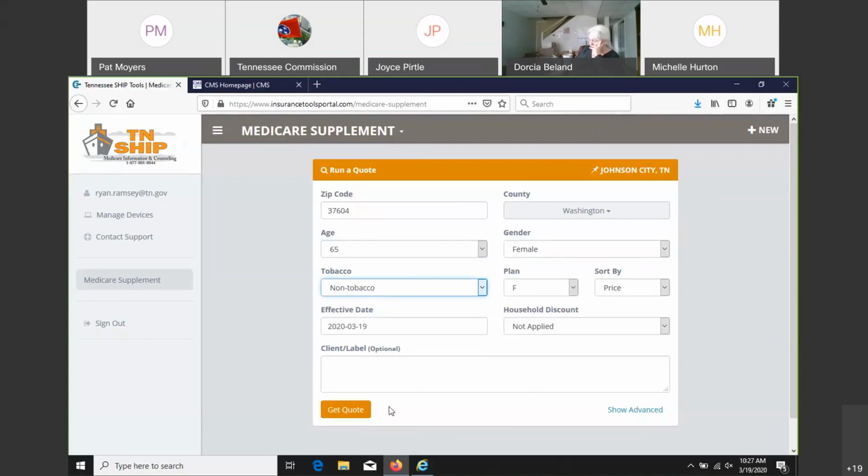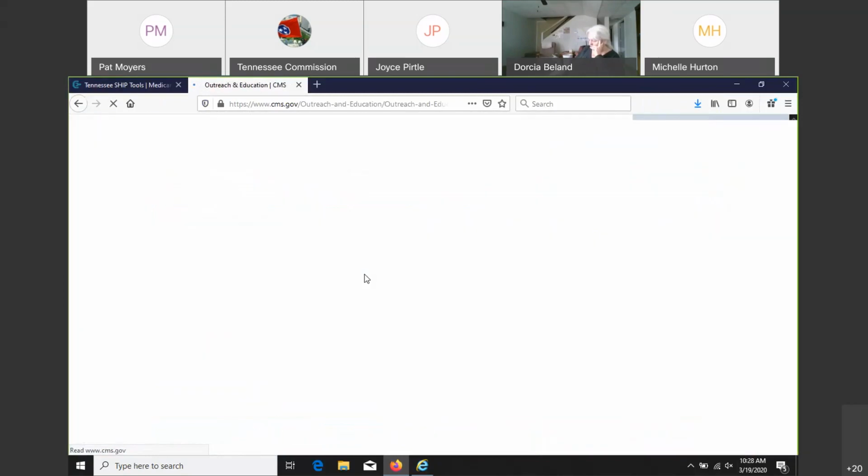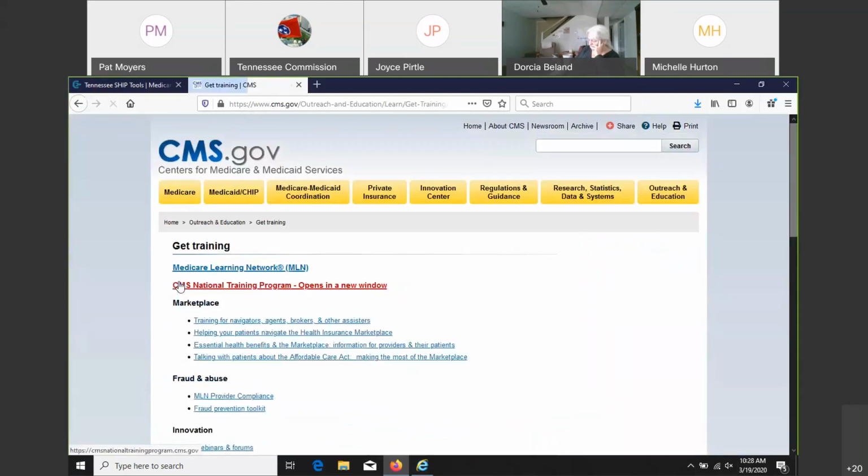Now, if anybody is unaware with those Medigap policies, let me go ahead and just pull up this chart very quickly here. Just one second.